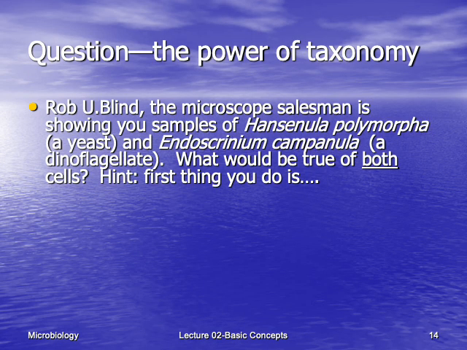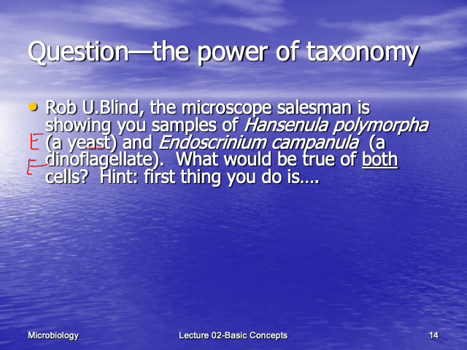The first thing you want to do is ask, is each cell a eukaryote or a prokaryote? I'll tell you right now, that's the first thing you do. So you go, okay, it's a yeast, that's euc, big E for eukaryote. Dinoflagellate, it's also a euc, big E for eukaryote.